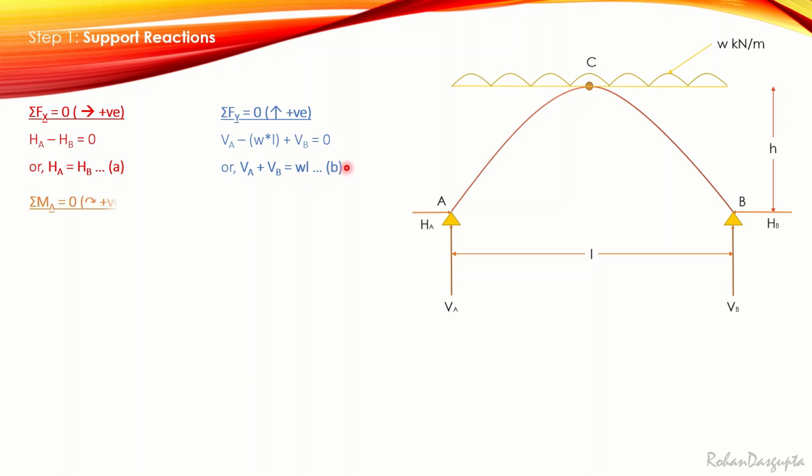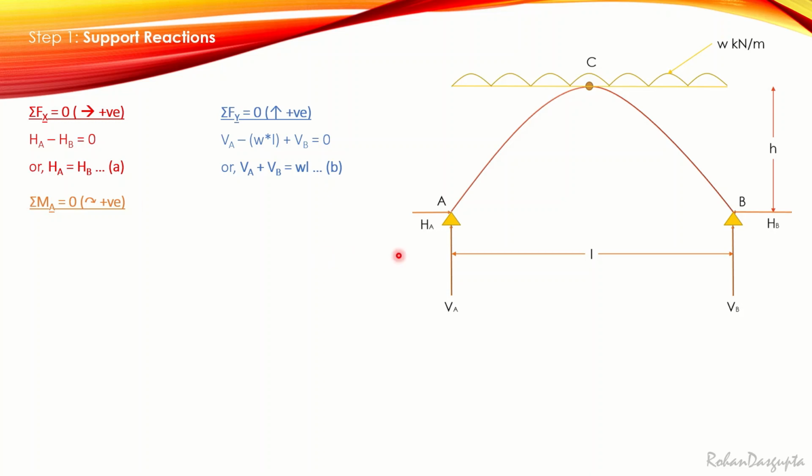Now I am going to use the third equation of equilibrium, that is summation of moments about A equals 0, clockwise positive. I would just like to mention here that I could have also taken summation of moment about B equals 0. It would have given me similar results only. Okay, summation of moment about A equals 0, and clockwise moments I am considering as positive.